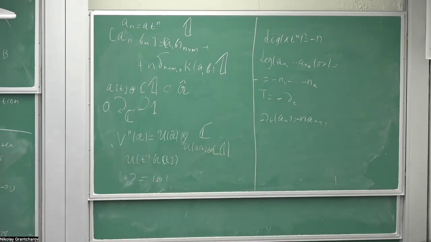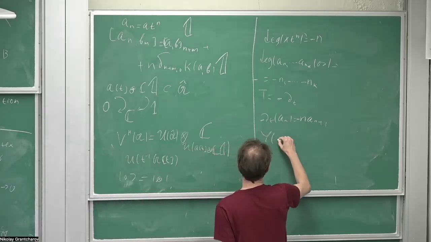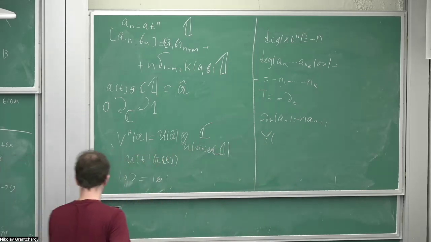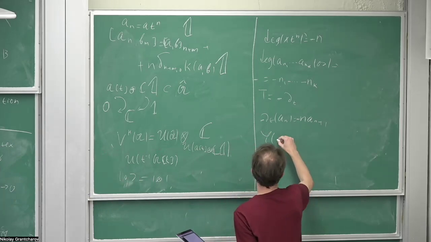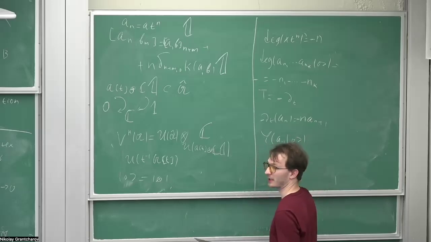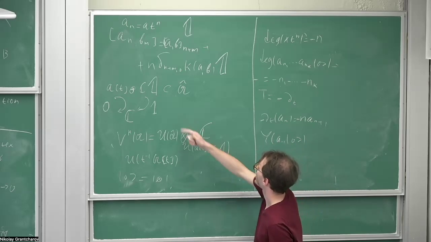And the remaining piece, the most important one, is the state field correspondence, Y. Let's start with elements of degree 1. There is a Lie algebra of them, parameterized by these elements of the Lie algebra.